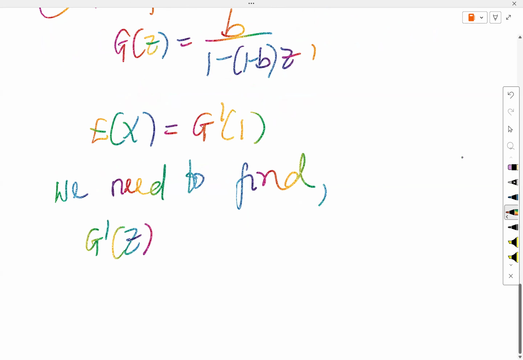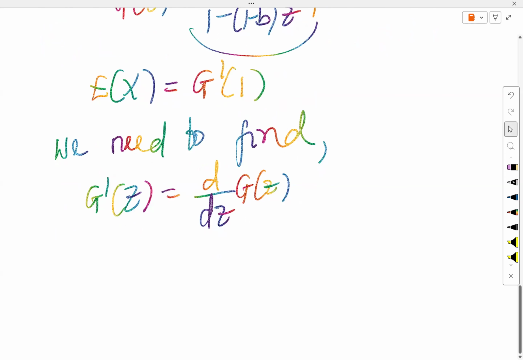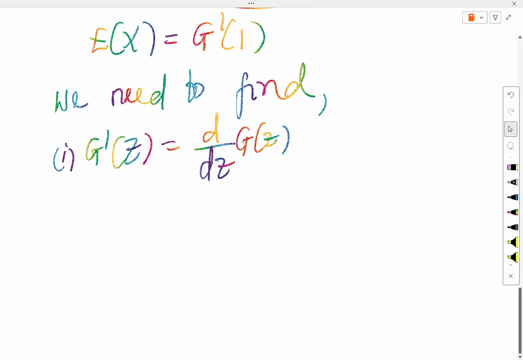That means you differentiate that with respect to z, the d dz of g of z. Basically, that means you are differentiating this expression with respect to z. So that's the first thing. We need to find g prime of z, and then the next thing is you find g prime of 1. That means whatever z you have, you put 1 there, and that way you can get expectation of X as defined up there.